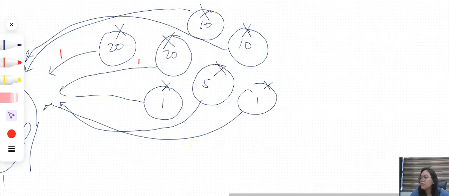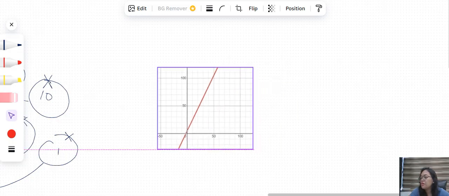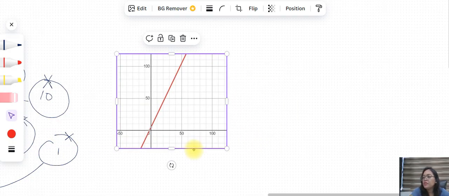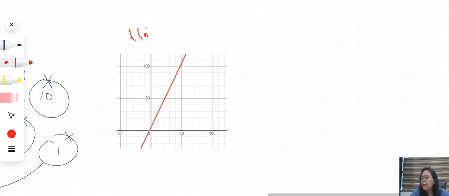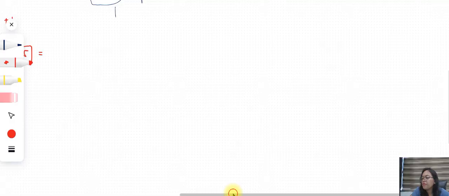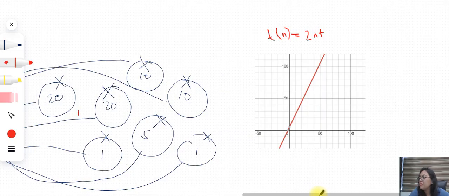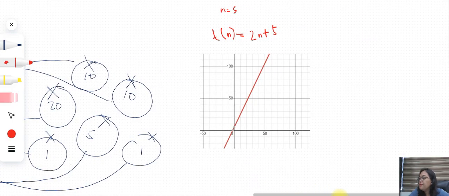So the upper bound is, so this is your graph for your T of n is equals to 2n plus 5, right? I just changed the variable, 2n plus 5, where n is equals to S. Okay. So this is the graph.